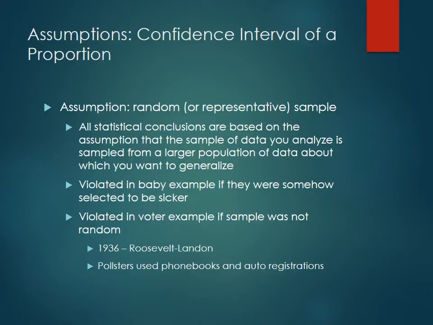So back in 1936, how likely were you to have a phone? If you were rich. Yeah, if you're rich, right? Or how likely to have a car? So they're really looking at more upper middle class people that were voting, and not necessarily some of the poorer sector. So of course, when they actually did the true election, Roosevelt ended up winning, even though Landon was the one that was coming out ahead in the poll. So just keep in mind that if you have bad sampling methods, you're going to come up with skewed results.